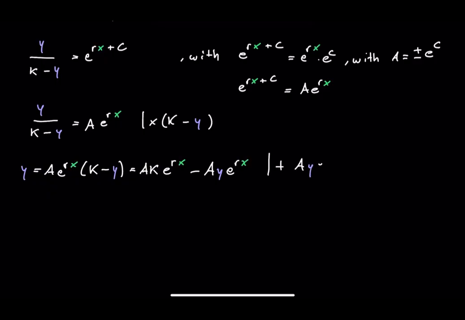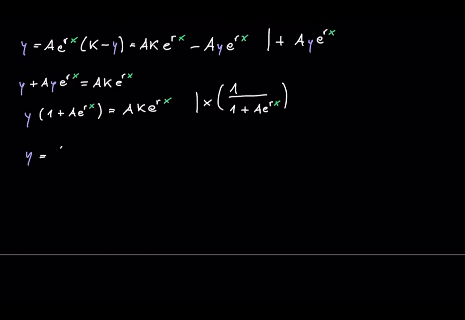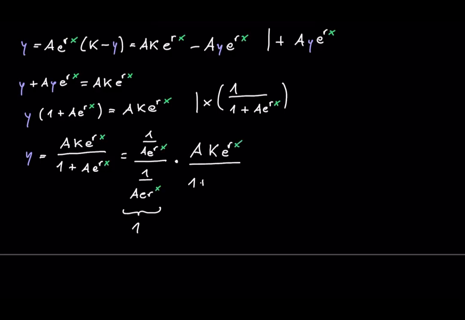Move all y terms to one side: y plus a y e to the rx equals a k e to the rx. Factor out y times 1 plus a e to the rx equals a k e to the rx. Divide both sides by 1 plus a e to the rx. That gives y equals a k e to the rx over 1 plus a e to the rx.